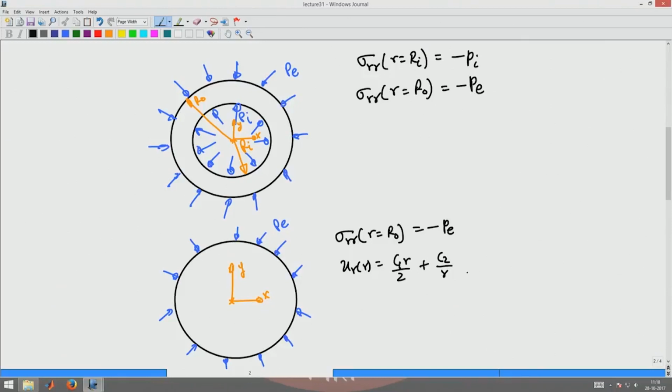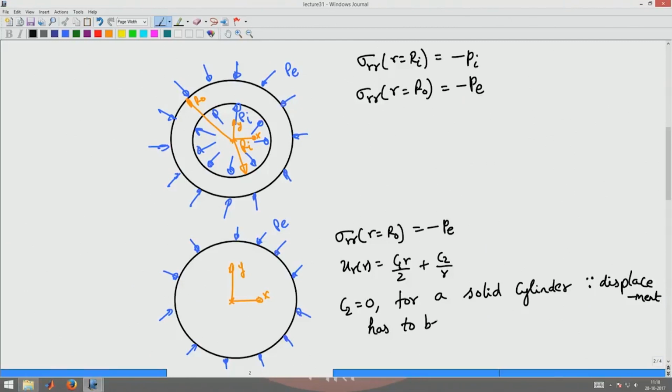And hence you set C2 to be 0. C2 is 0 for a solid cylinder, since displacement has to be finite in the domain of the problem.